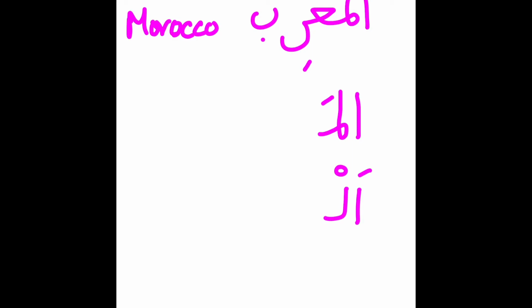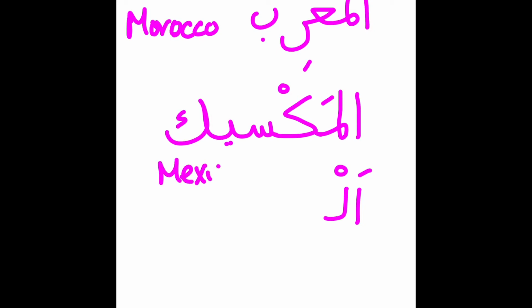So if you see a haraka there, it's going to be for the meme. Al-Mexique, Mexico. What you'll notice is many times names of countries start with alif lam because it's a definite.